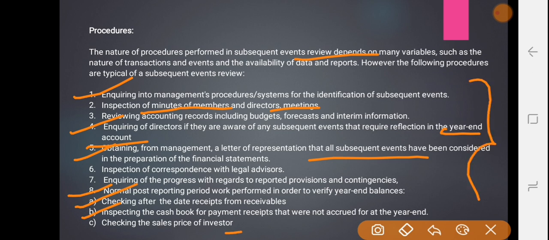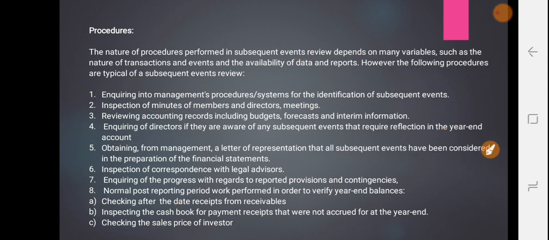All this has to be reviewed again and again to check if there is any subsequent event with respect to that particular thing. It may be sales, the cash book, or minutes of meetings. All this will be examined to know about the existence of subsequent events.